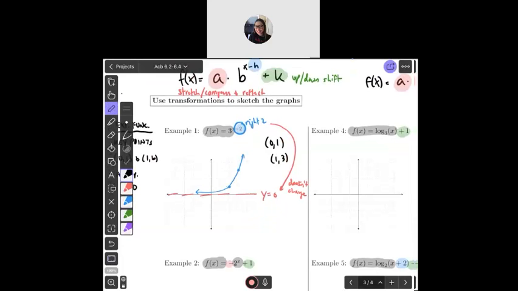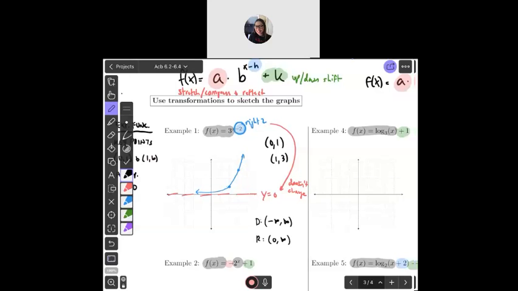What about our domain and our range? Well, our domain is all real numbers. In the same way as that asymptote, if I go forever to the left and forever to the right, and I move it to the right 2, I'm still going forever left and forever right. So that doesn't change. Okay, so that's easy. The range, well, that was supposed to be 0 to infinity, right? 0 to infinity is an up and down thing, right?